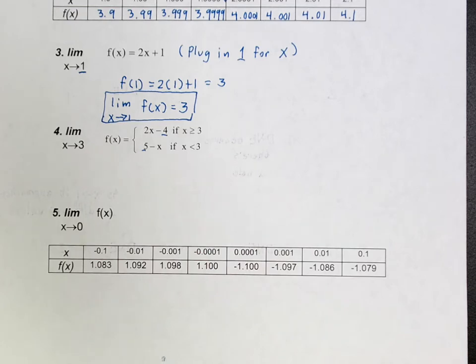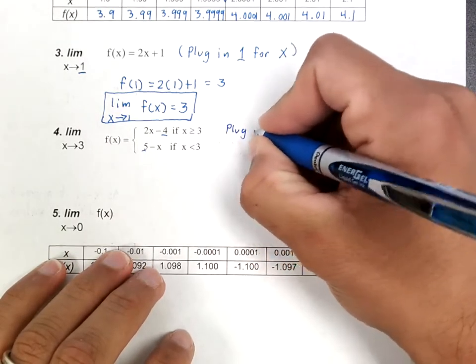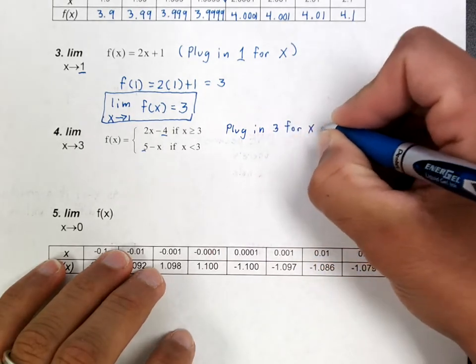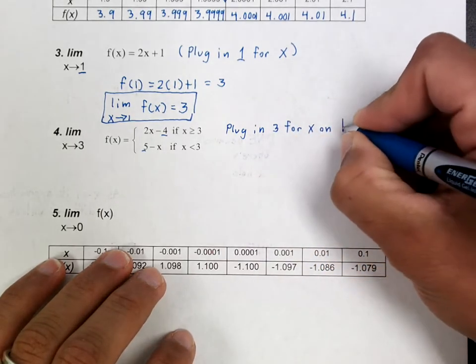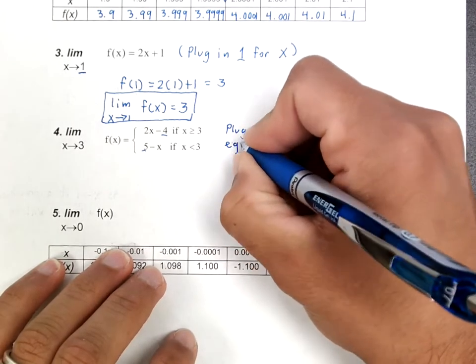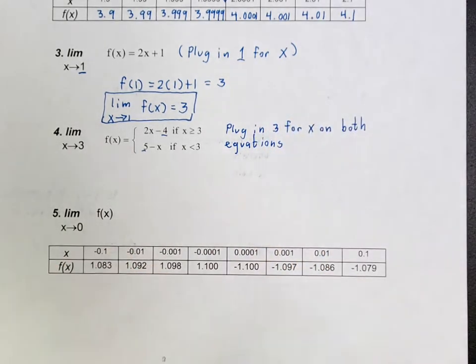All you have to do on this one is also just plug it in. Plug in 3 for x on both equations or functions. So plug in 3 for both.